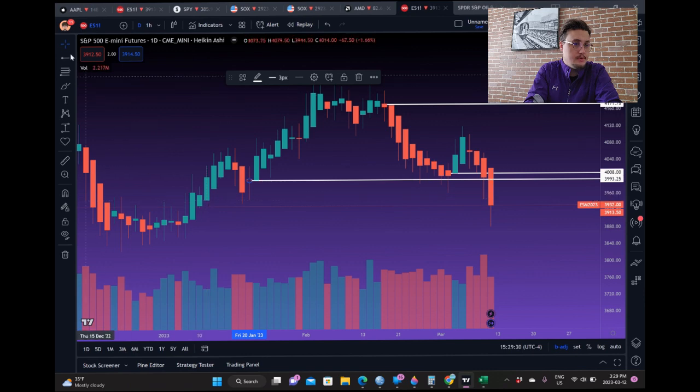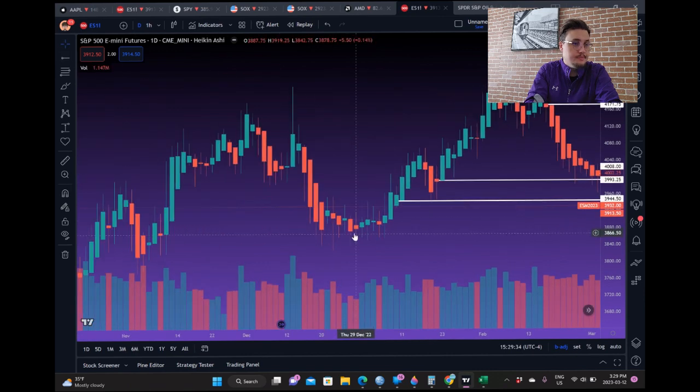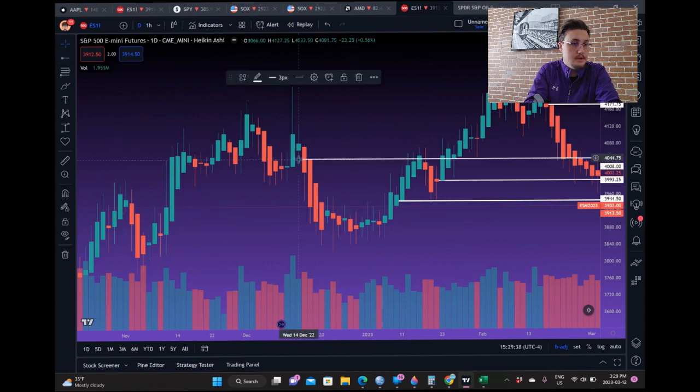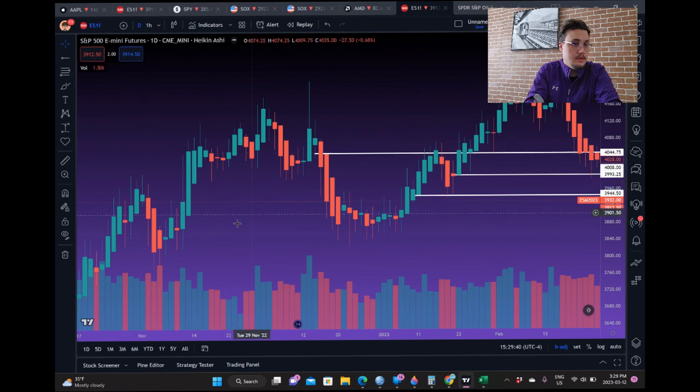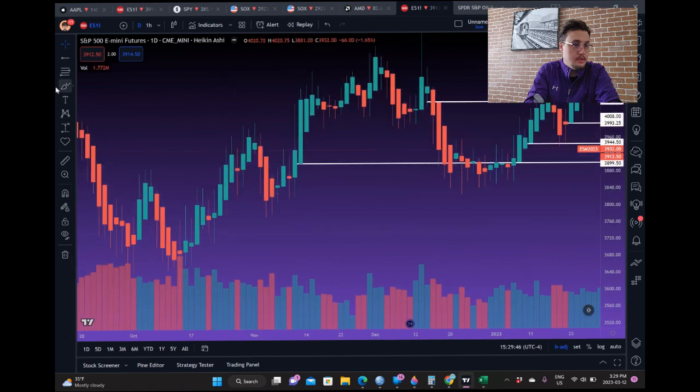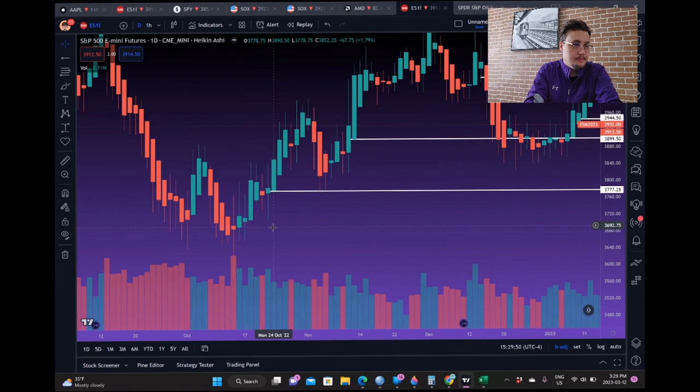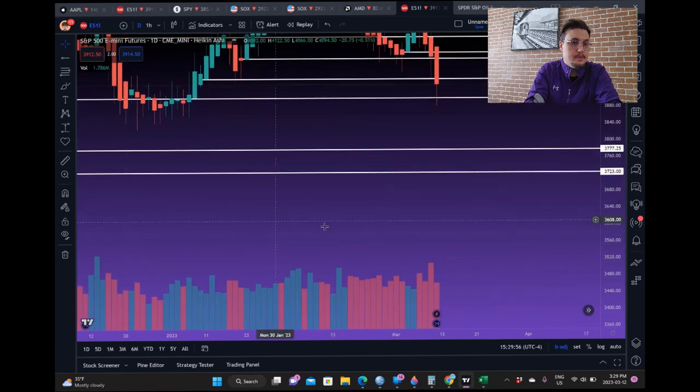We have the start of an uptrend here, so we can put one here. Start of a downtrend here, here, here, and here. So let's see where that puts us right now.